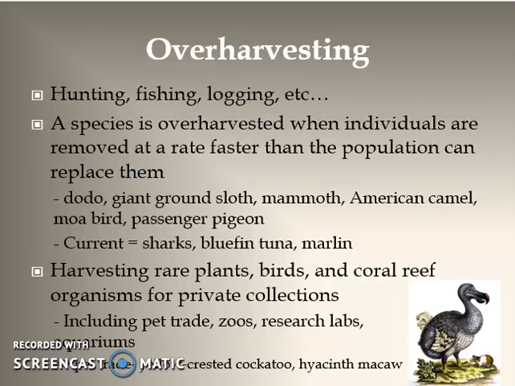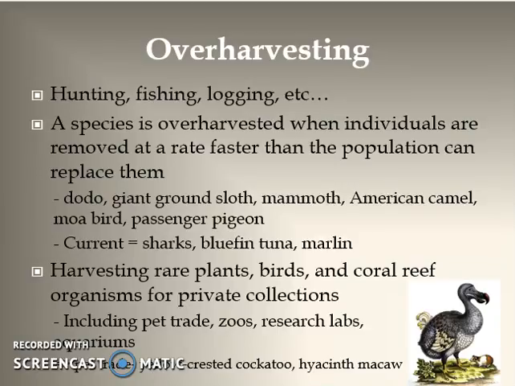The moa bird, passenger pigeon. Here in the United States, when the settlers first settled in the United States, they used to write that the passenger pigeon, there were so many of them that as they took off, they'd actually block out the sun and turn day to night kind of thing. And we literally hunted them to extinction because they were a very easy source of meat.